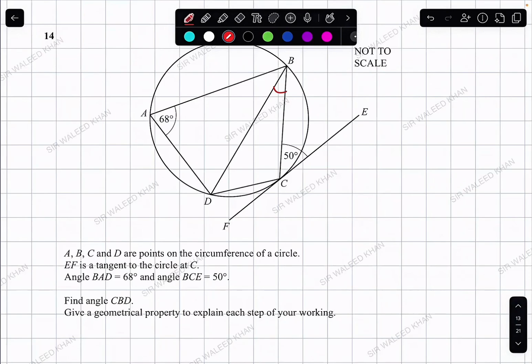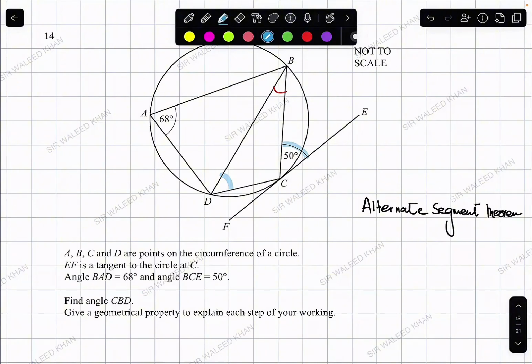So, the first one, let's see. We can say that this angle over here is the same as this angle. Why? According to alternate segment theorem. I'm not going to write the whole thing.